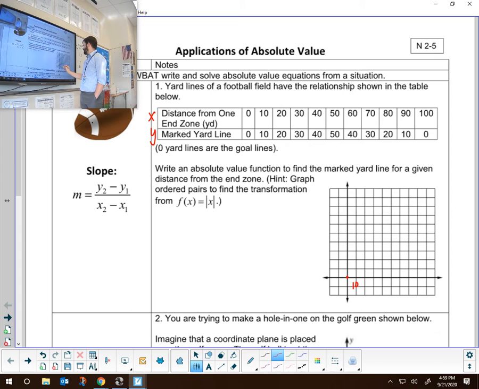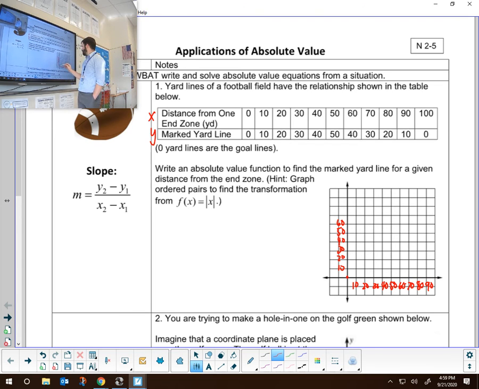Let's label this 10, 20, 30, 40, 50, 60, 70, 80, 90. You get the idea. Same thing goes here. We'll go 10, 20, 30, 40, 50, 60, and so on. So we're just counting by tens here.